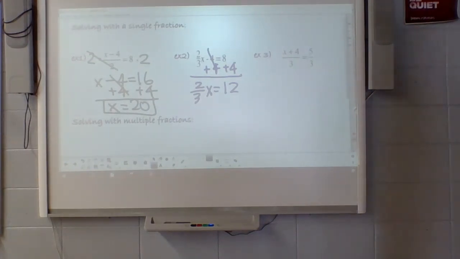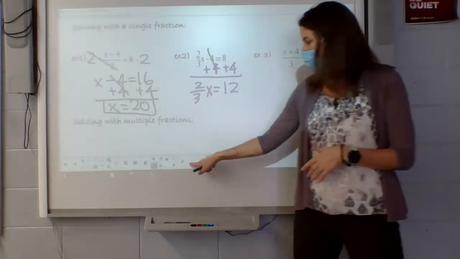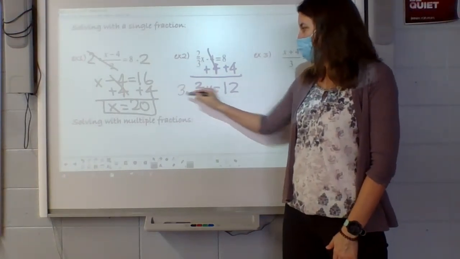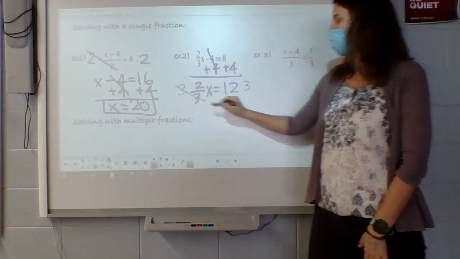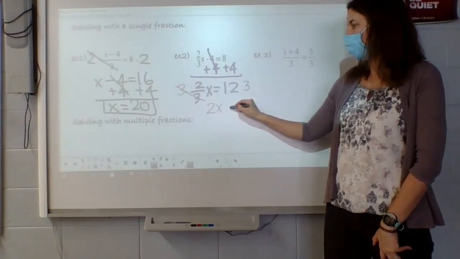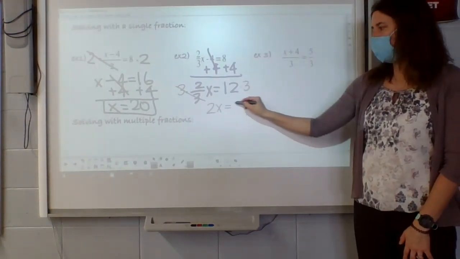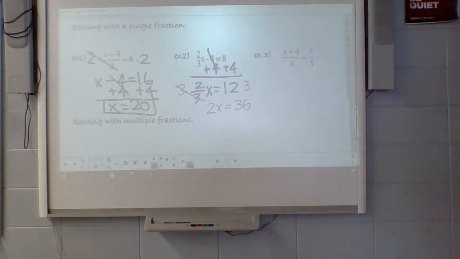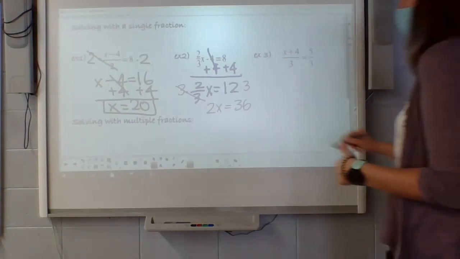It won't change it. So what she's suggesting is we want to get rid of this 2/3. So she's saying let's multiply by 3. So 12 times 3 is 36. And then once we have that, it's pretty clear that we need to divide by 2.